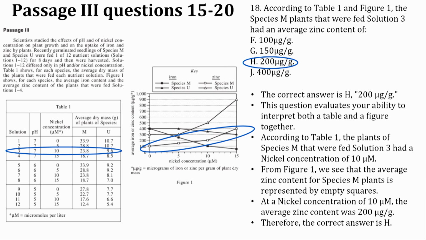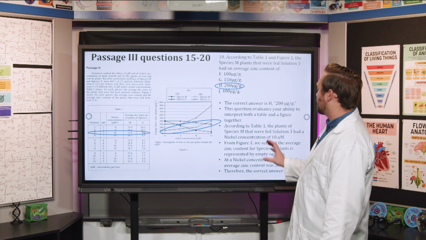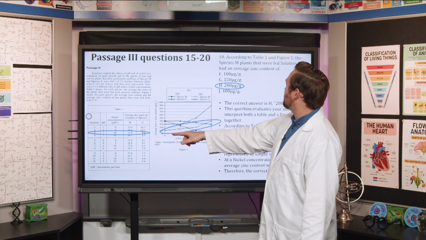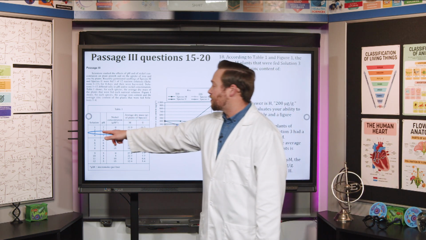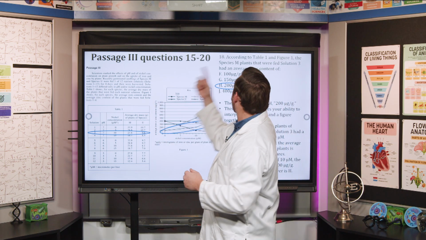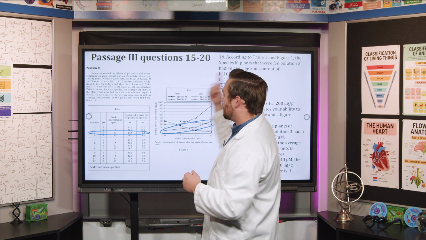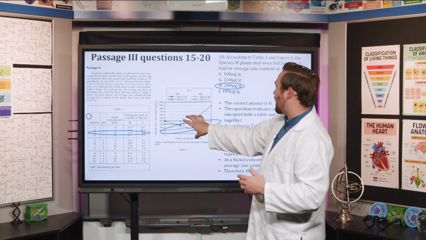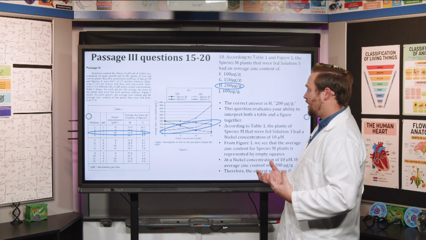So what's going on here is it's kind of telling us what to look at. It says, according to Figure 1, the species M plants that were fed Solution 3. So that's where we should lock in first. It's telling us right away, Table 1, Solution 3. So here's Table 1, here's Solution 3. It's telling us that it had a nickel concentration of 10 micromoles. And so then we take that information and put it onto this figure, and that's going to help us find the correct answer.